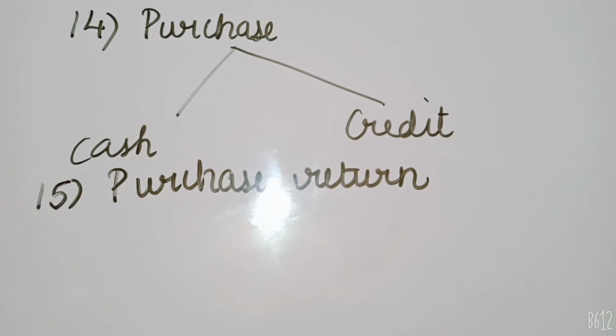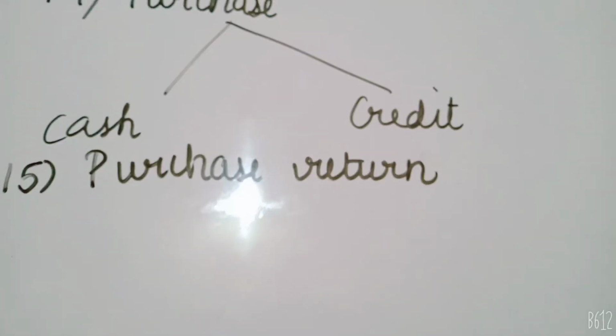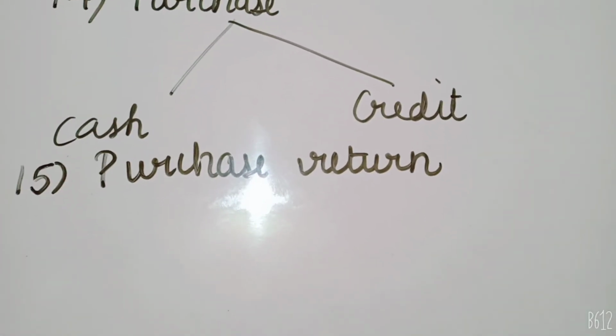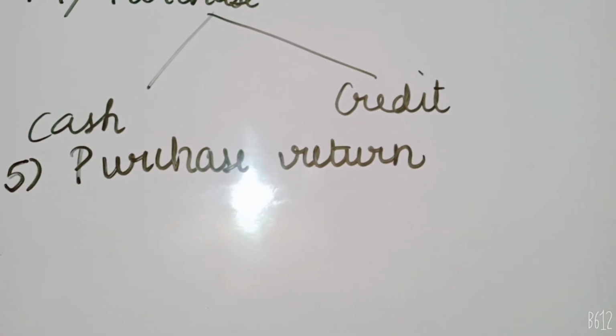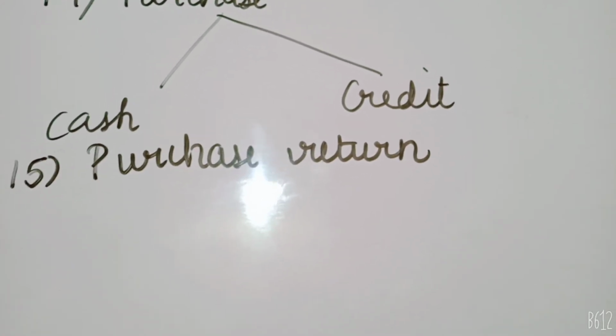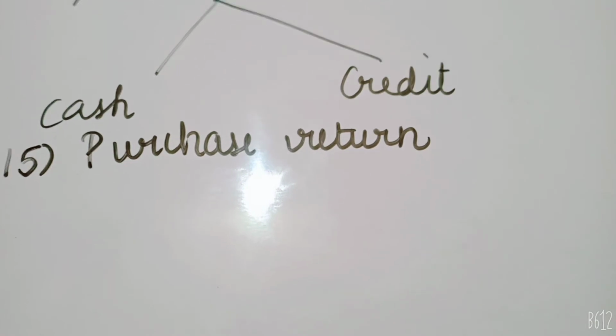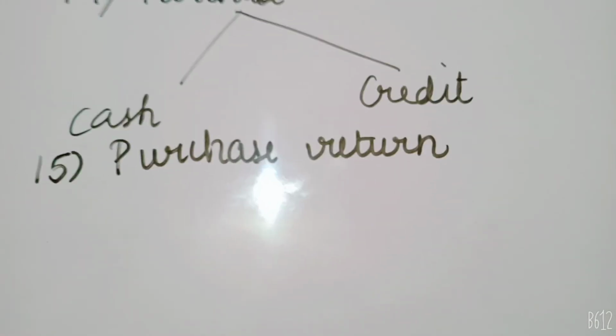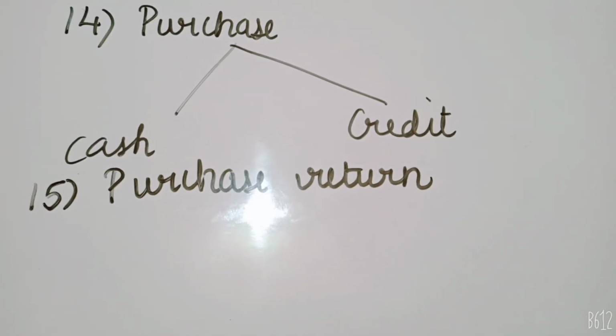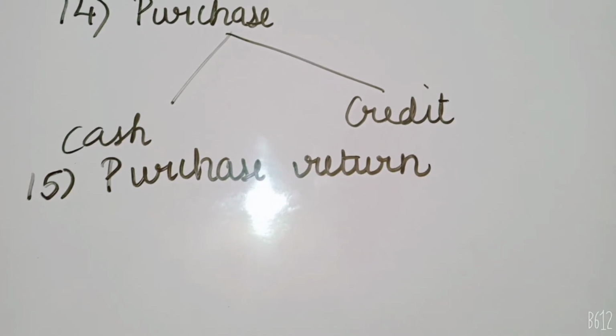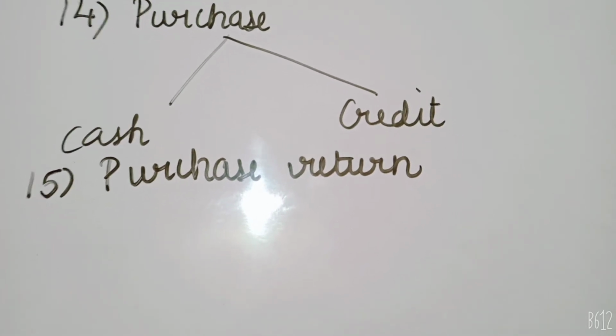Now the next term is purchase return. If the goods which are bought are found to be defective or are returned due to any other reason, it is called purchase return. So when we return goods which we just bought, it is called purchase return.